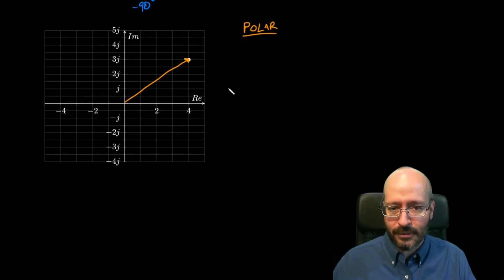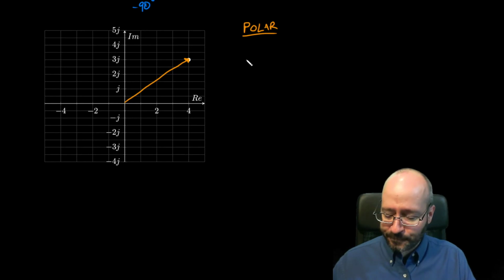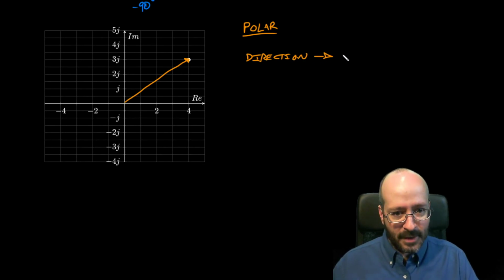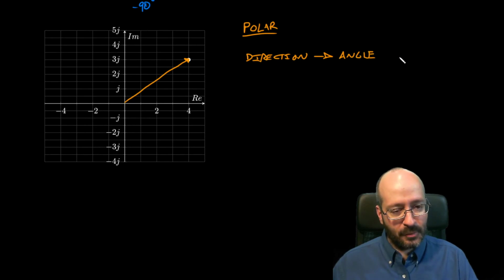Okay, so this is polar form, and our direction is going to be an angle measured from the real axis.